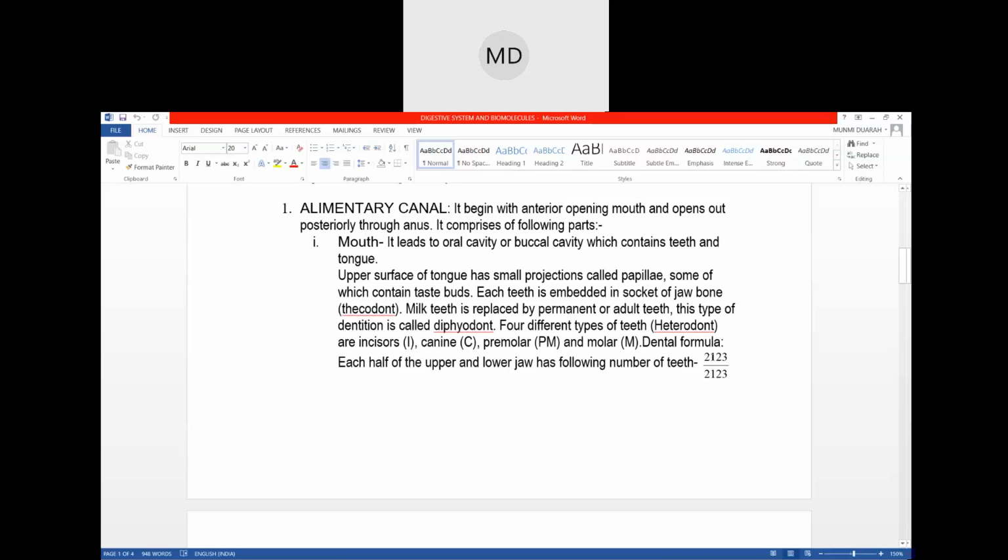Then the next one will be canine, next two will be premolars, and next three will be molars. Same way for the left also. First two will be incisors, then canine, then two premolars, and the last three will be molars.